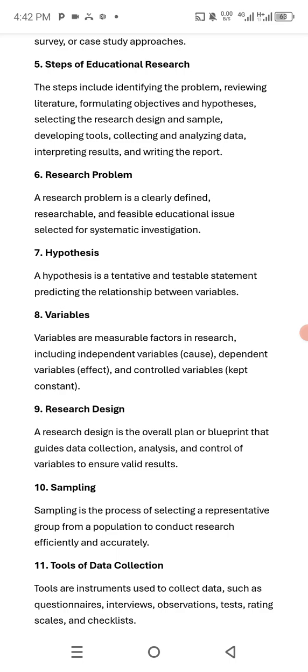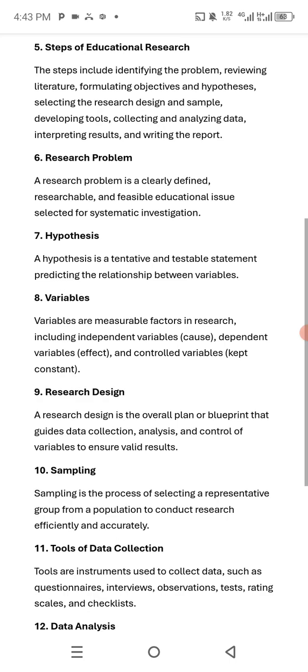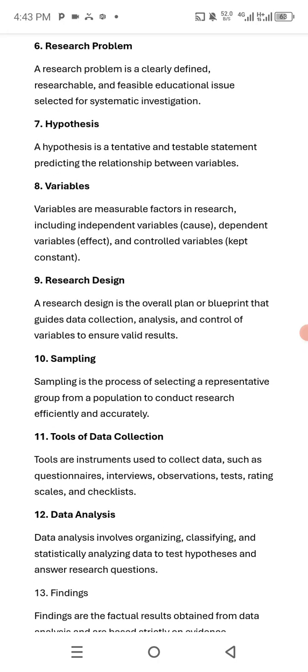We have the dependent variable, which is the effect. So the dependent variable stands on the independent variable. The independent variable is the cause, while the dependent variable is the effect, and the control variable is kept constant.